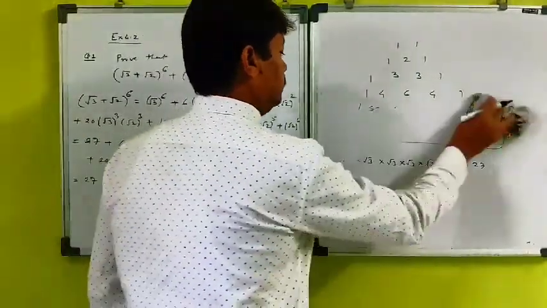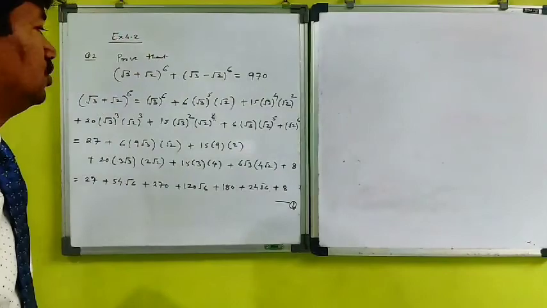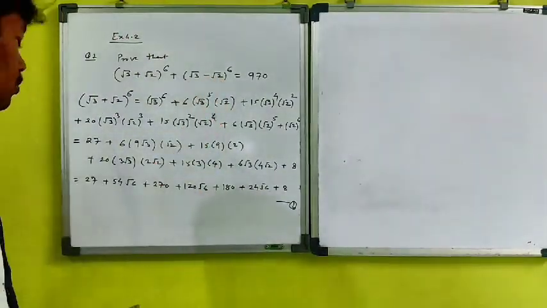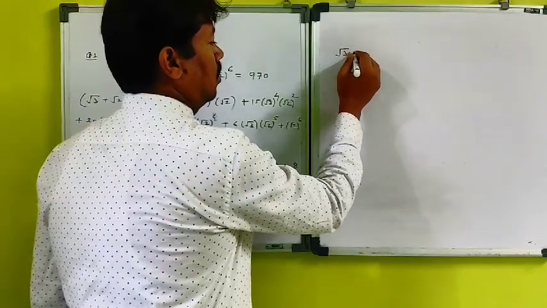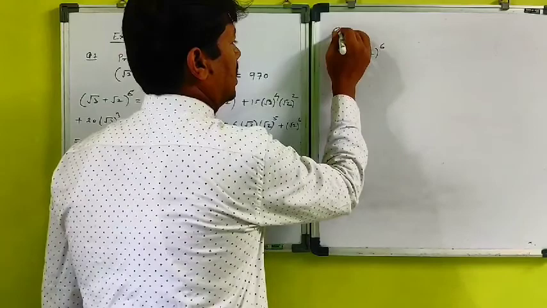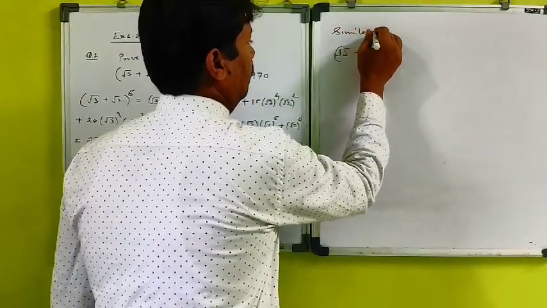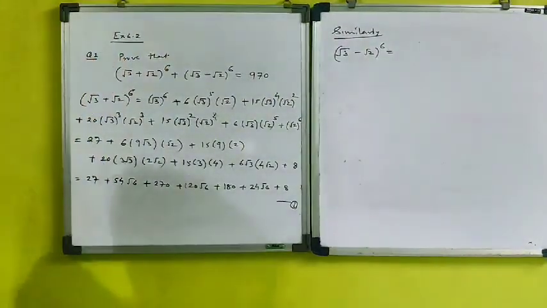Similarly, we can write the expression for root 3 minus root 2 raised to 6. How to write this? Because there is alternate plus minus that will come.